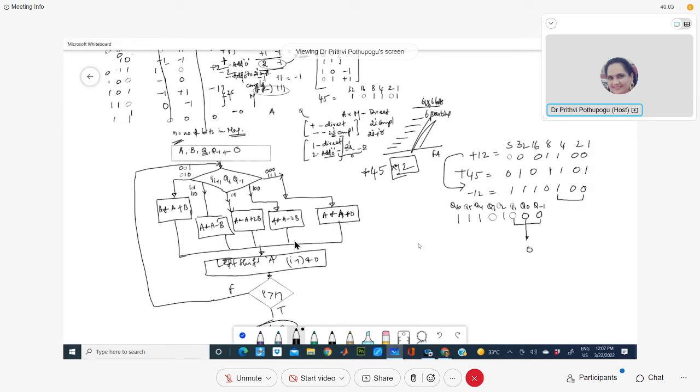Okay. Next we take this position, these 3 bits. When you are taking these 3 bits, this is the position where you will get the bit pairing. Now 0 to 1 is -1, 1 to 0 is +1. Am I correct? 0 to 1 is -1, 1 to 0 is +1.